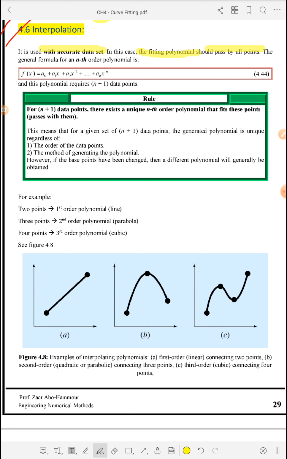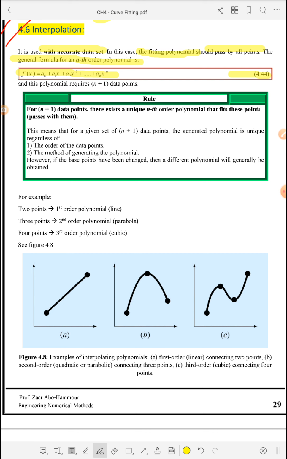And if we consider that we have a general nth order interpolating polynomial, as given in equation 4.44, where f of x is given as an nth order polynomial of order n.